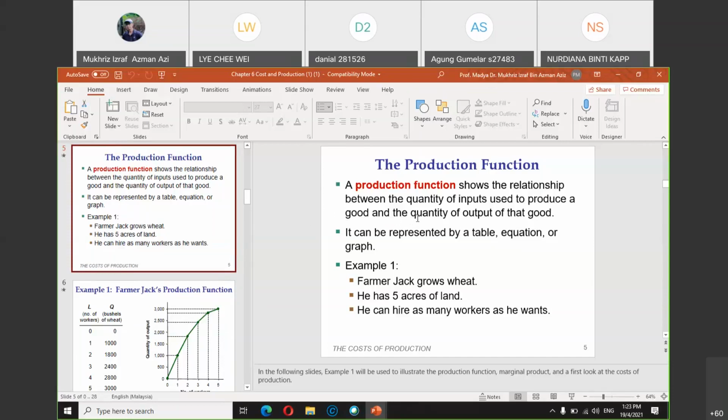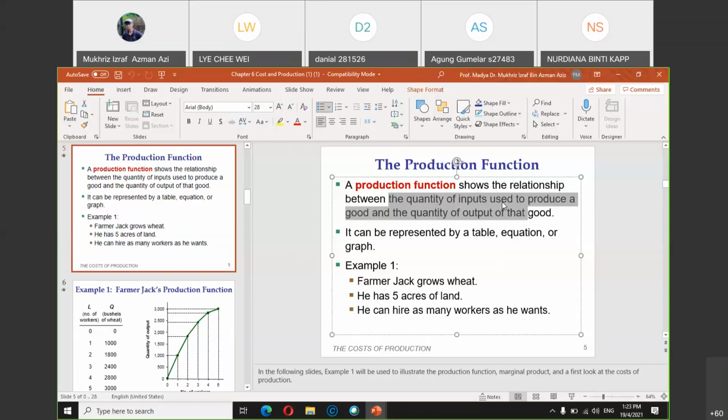That is the focus here in chapter number 6. So production function is basically showing the relationship between quantity of input and output: how much input is used and how much output can be obtained or produced from the combination of inputs.